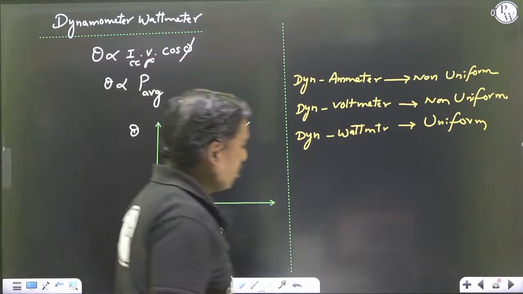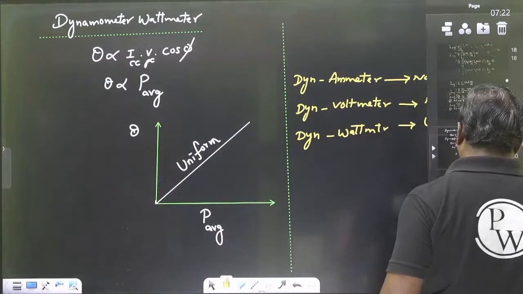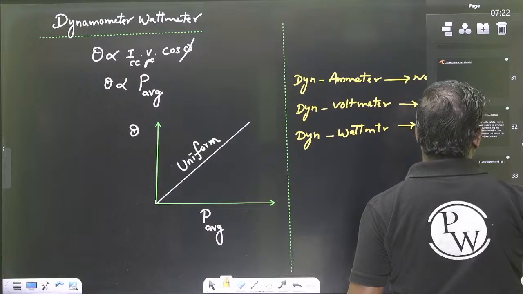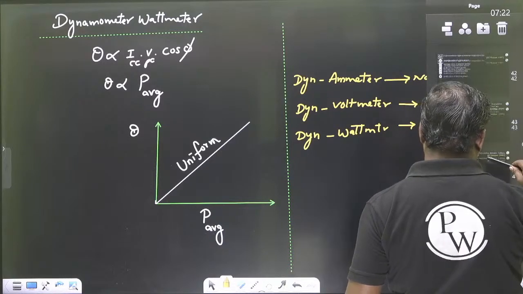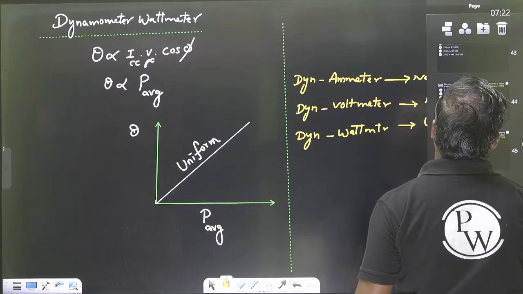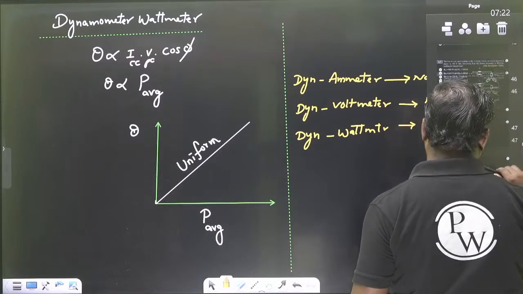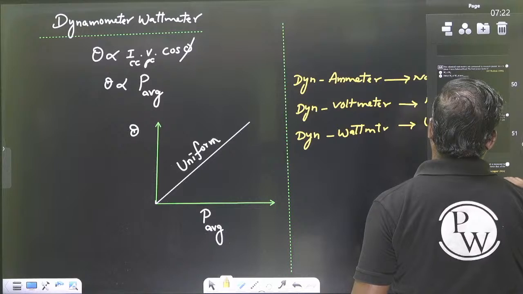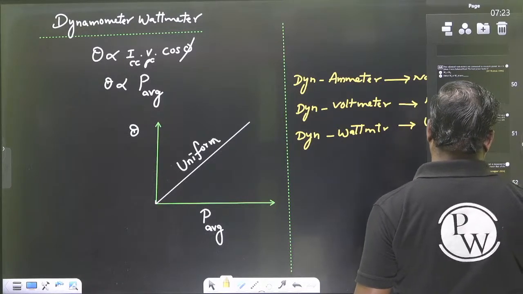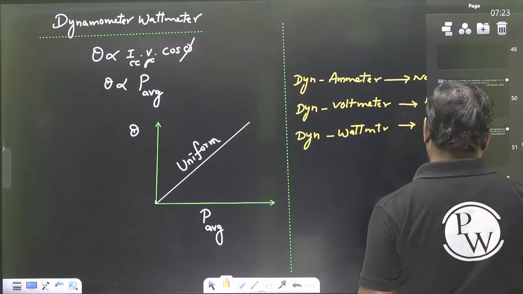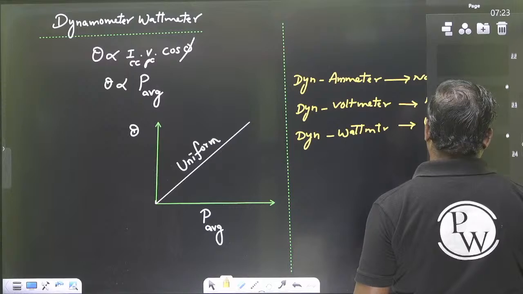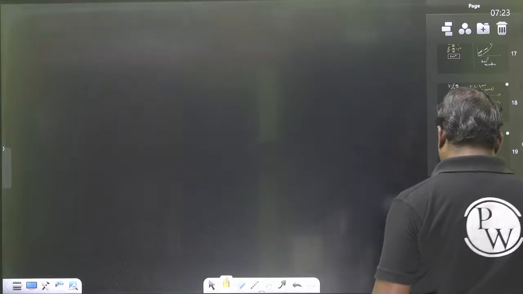If you see the dynamometer, the fixed coil and the moving coil, how will they look?